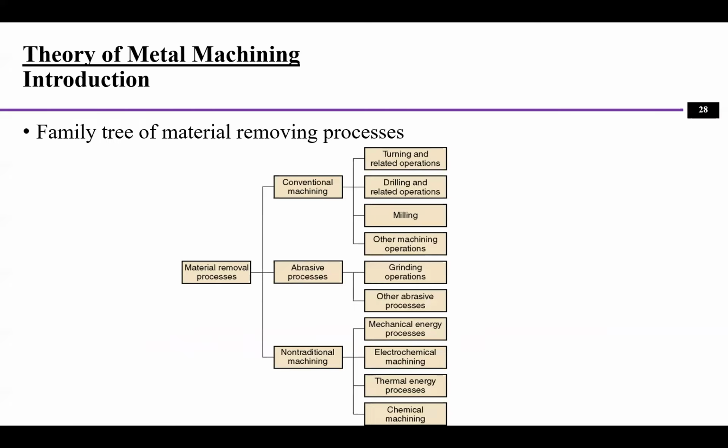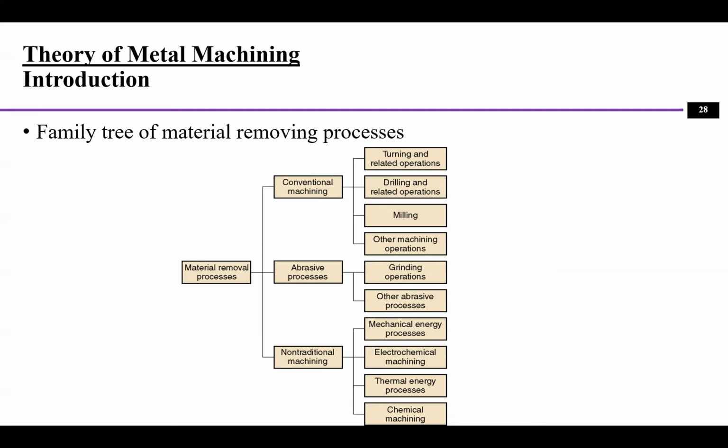All right. Now let's look at another type of shaping process, which is machining. Similar to all the manufacturing processes, machining also has its own family tree, because it can be categorized into some traditional machining processes like turning, drilling, milling, and also some machining processes that are more about treating the surface.